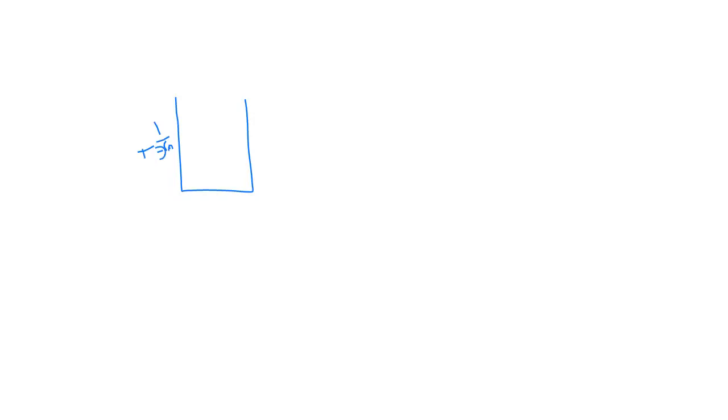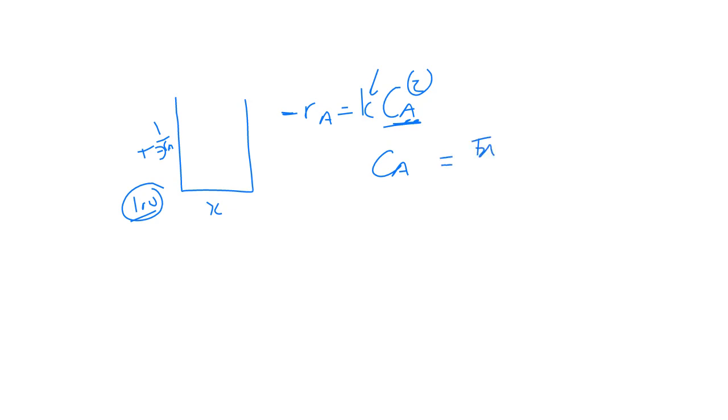Now there's my negative inverse of the rate. So tune yourselves: low is high. If I have a low value here, I've got a high rate as a function of conversion. So if I had an isothermal elementary reaction and I plotted minus rA = k CA, whatever that stoichiometry is, if this stays the same, there will always just be a decrease in the rate, because my concentration will be equal to FA0 (1 minus X) divided by Q. So as I increase X, there's going to be a decrease in the concentration.